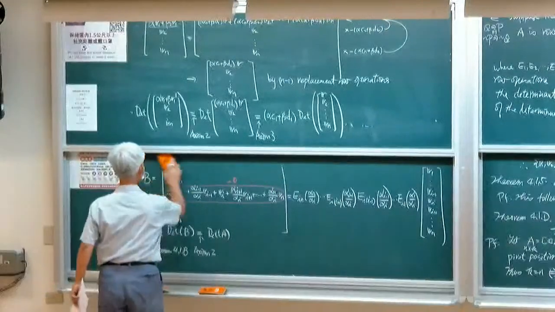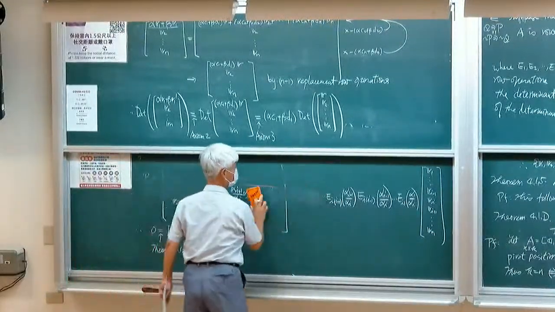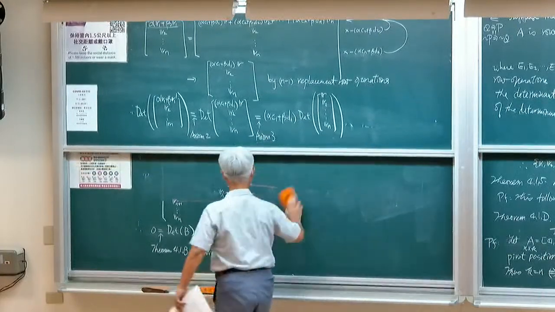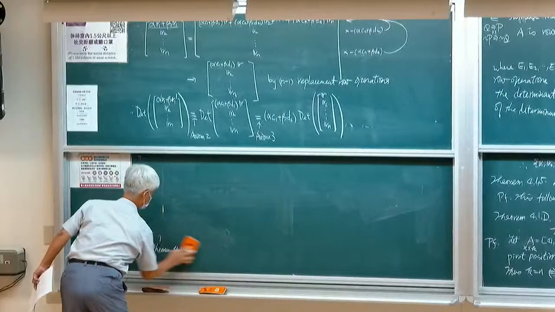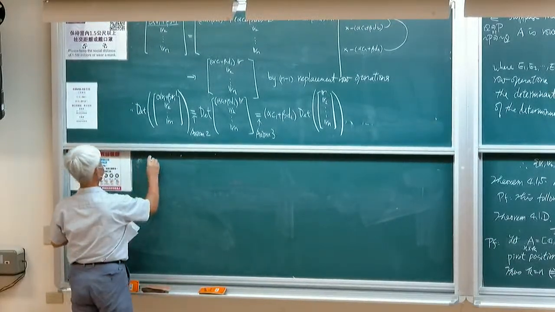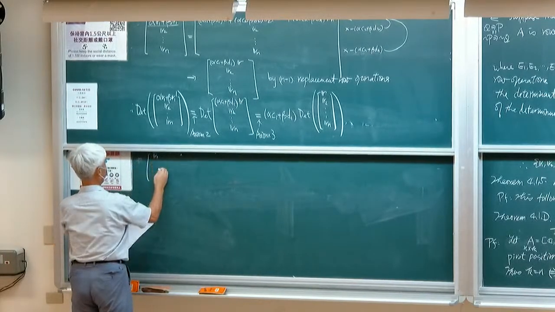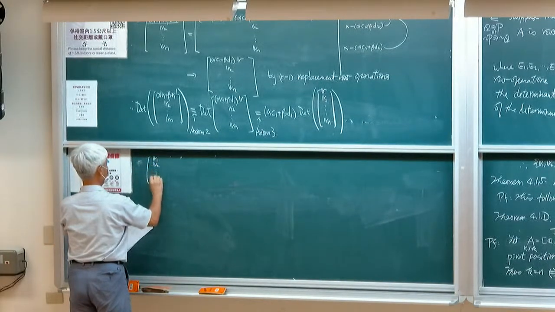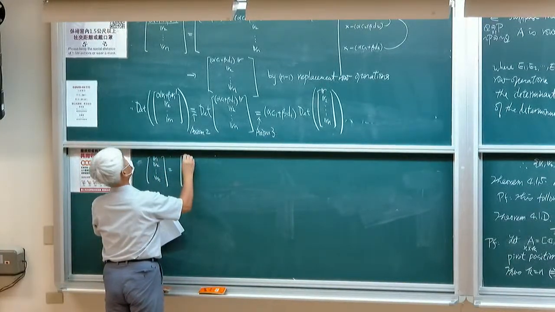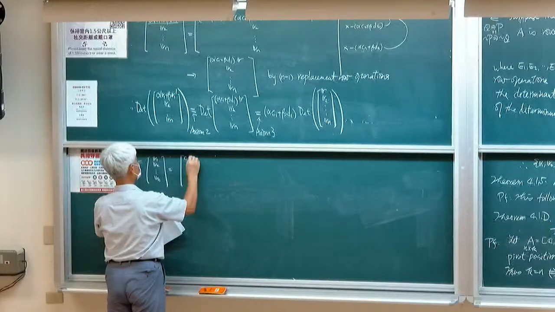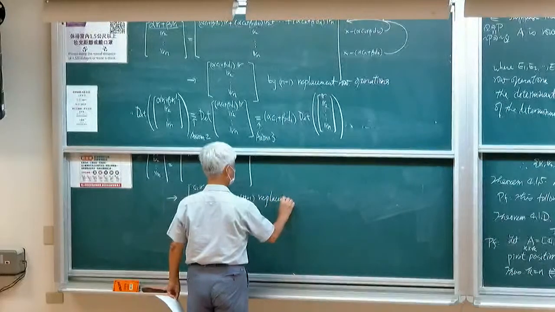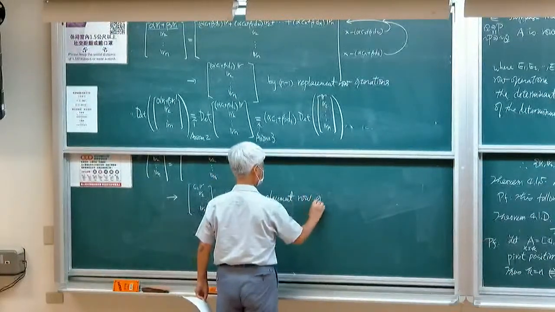But the idea will be the same for R1, R2 up to Rn, and this is C1 R. Replacement row operations.